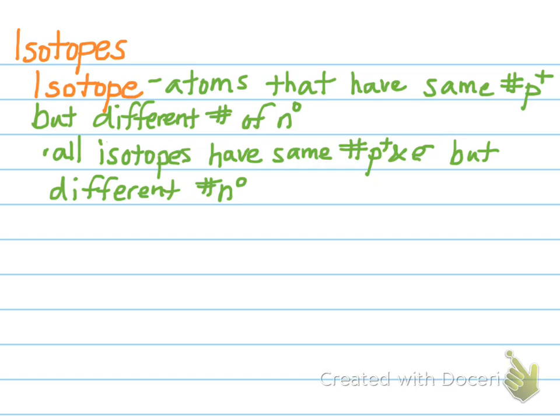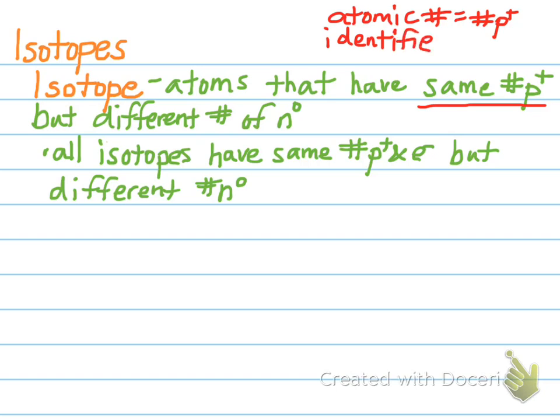So, let's go back up to my first question about why is it that isotopes have to have the same number of protons, or what does that mean about an isotope? Well, remember, the atomic number, which is the number of protons, is what identifies an atom.